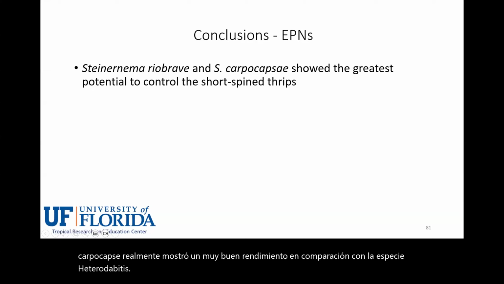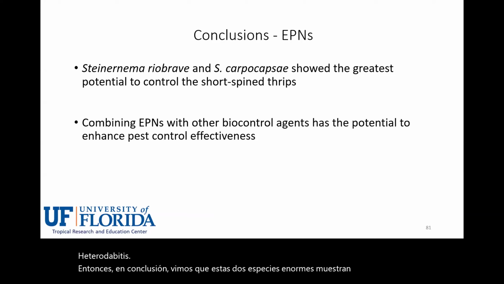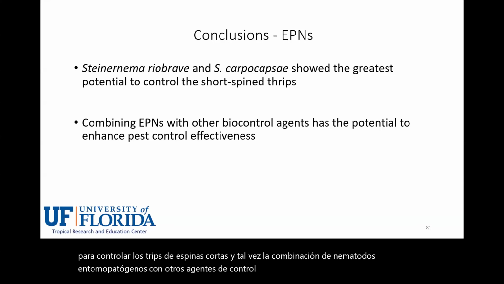So in conclusion, these two Steinernema species show the greater potential to control the short spine thrips. And maybe combining entomopathogenic nematodes with other biological control agents has the potential to enhance the pest control effectiveness.